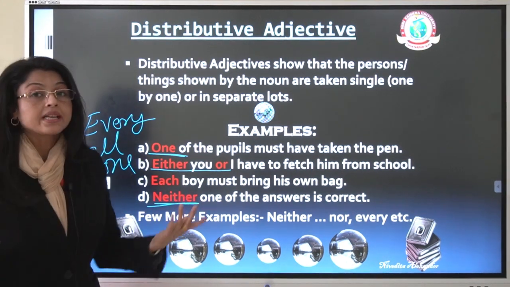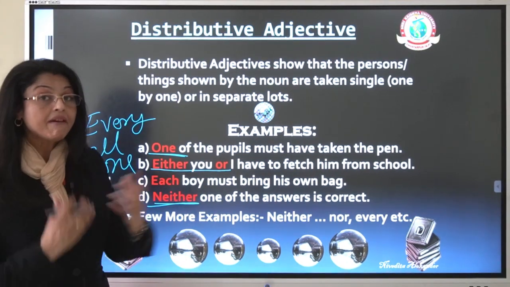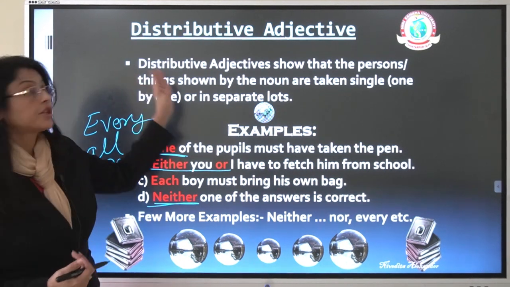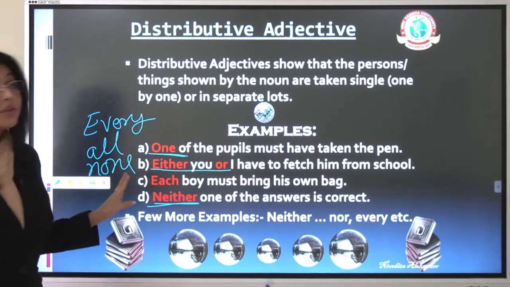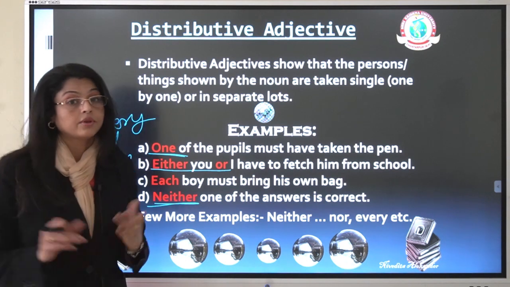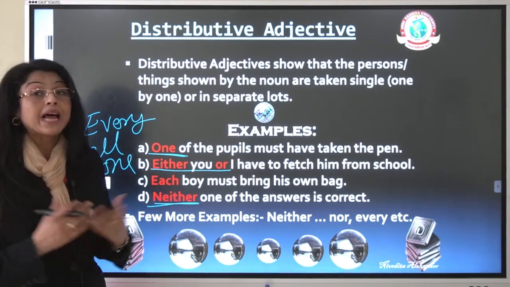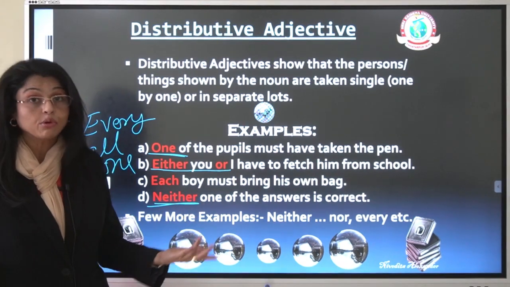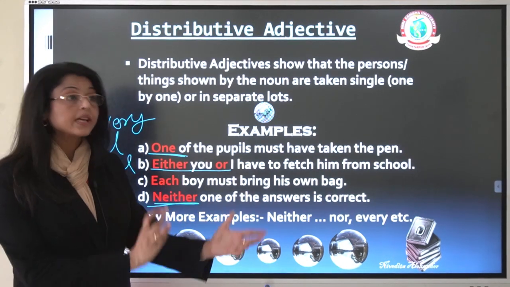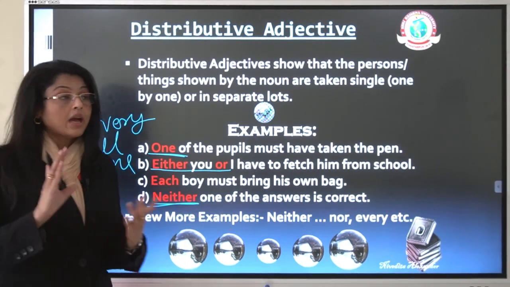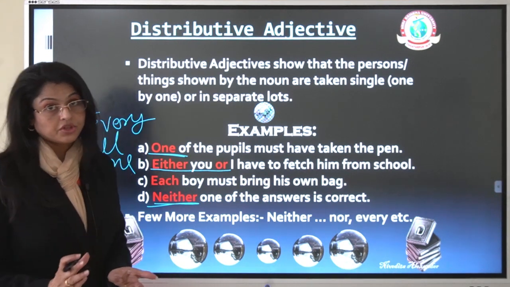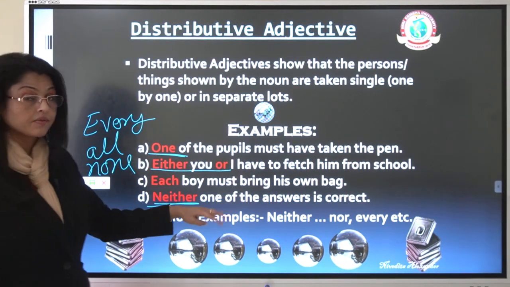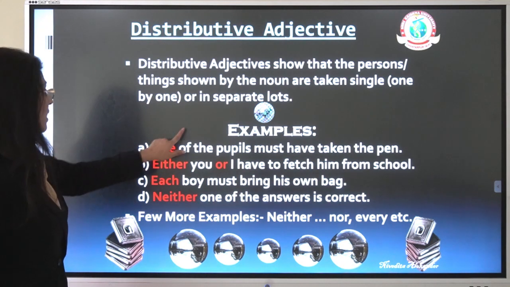Every class has its own digital camera. So this word every is again a distributive adjective. None of the classes have a blackboard. All of them have whiteboards. So none is a negative distributive adjective and all is a positive distributive adjective. So this is how the distributive adjectives work.